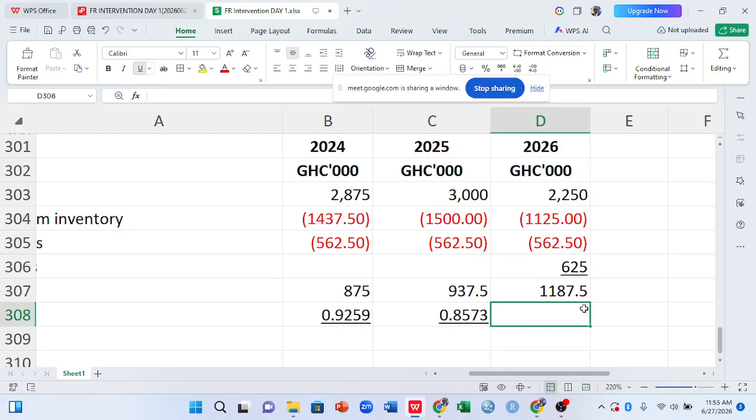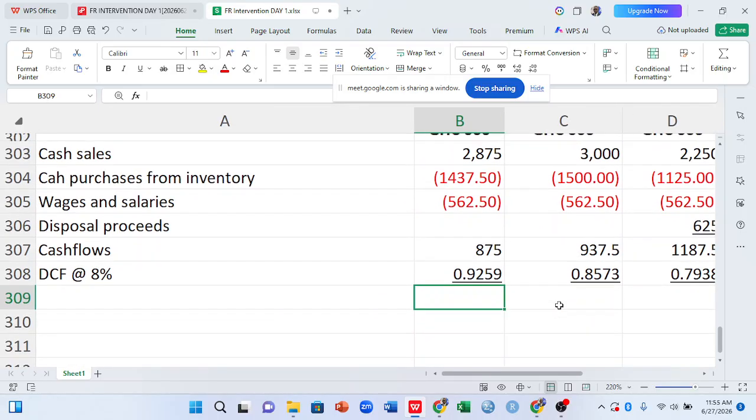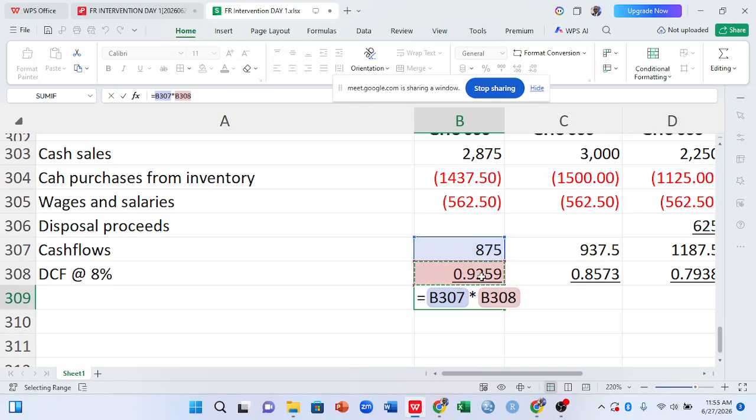Next one, 0.7938. Okay, and then we multiply for each to get their respective answers.